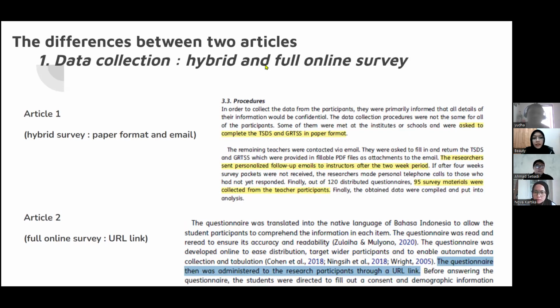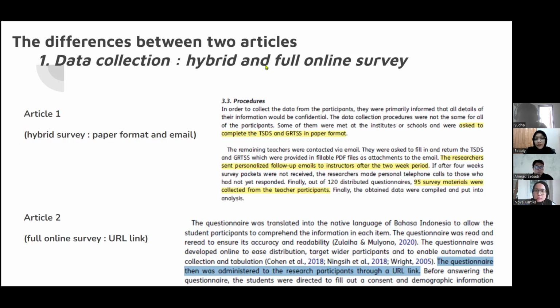In the first article, the researcher used a hybrid survey, in which some respondents used the paper format for the instrument, and some respondents, the teachers, were given an email to fill in the questionnaire. And for the second article, the respondents are given the URL link to fill in the questionnaire.